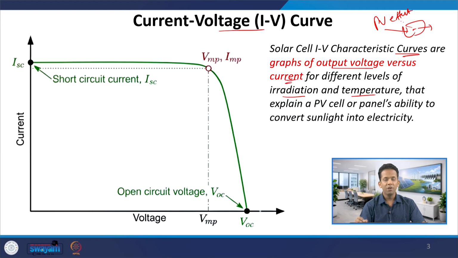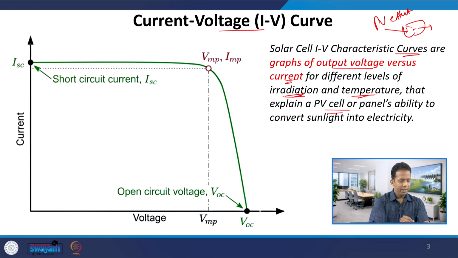That conversion of light energy to electrical energy through the PV effect involves generation of voltage and current, and the factors which govern these two are the solar radiation, how much radiation we have, and the surrounding temperature, because these two parameters affect the current and voltage a lot. And this explains a PV cell or panel's ability to convert sunlight into energy.